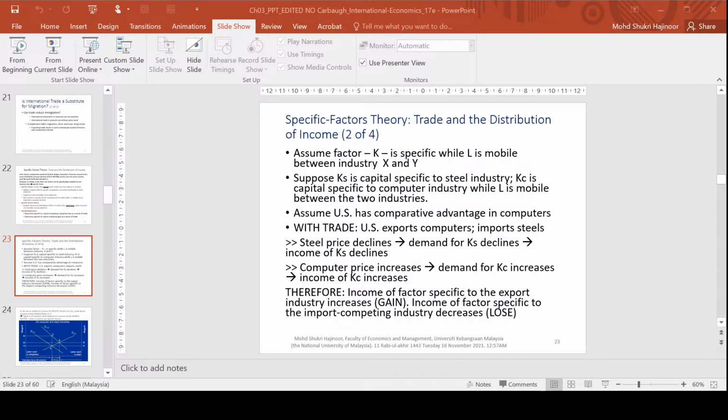The third is education and training. What happened? This will shift S0 to the right to S1, an increase in the ratio of the skilled, because with education and training, people get more skilled.